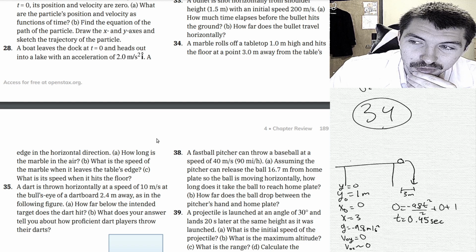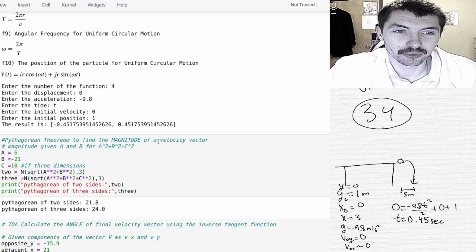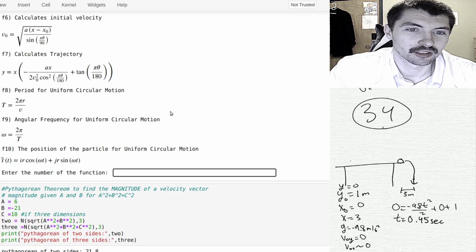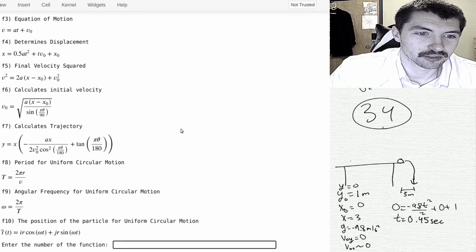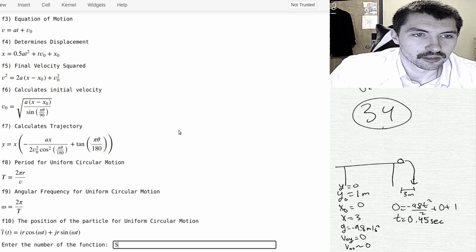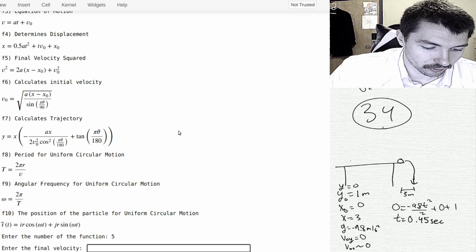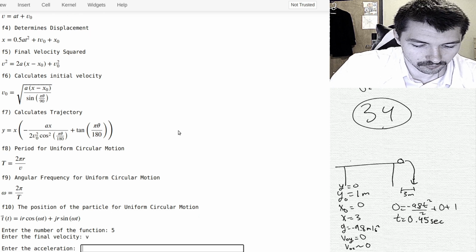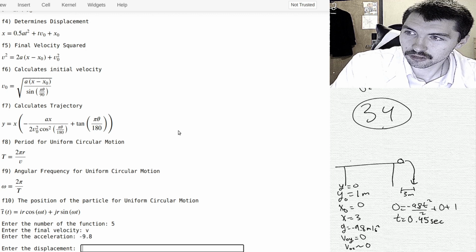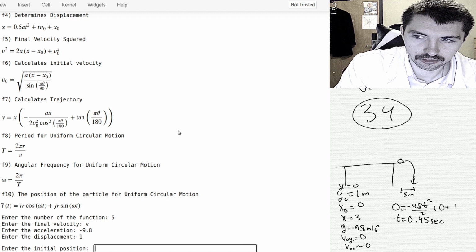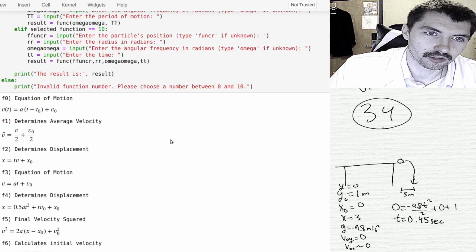What's the speed when it hits the floor? Okay, so we will use equation 5 for that one. We're solving for when it hits the floor, so we're solving for v. -9.8, displacement is 1.